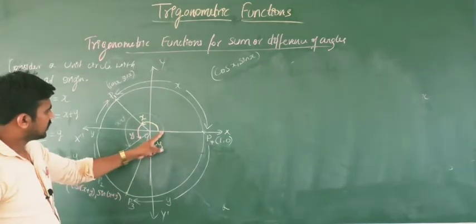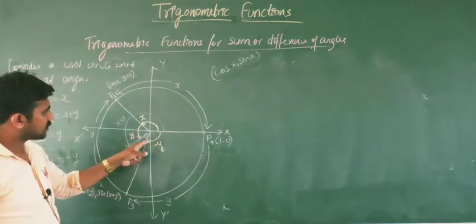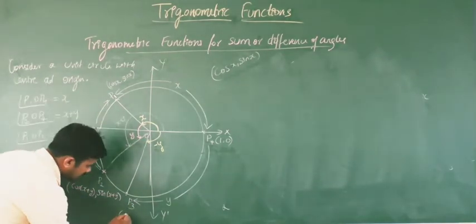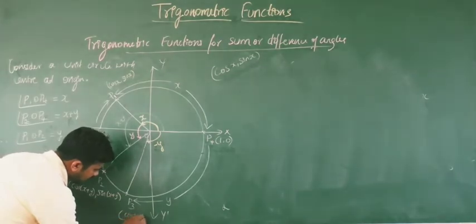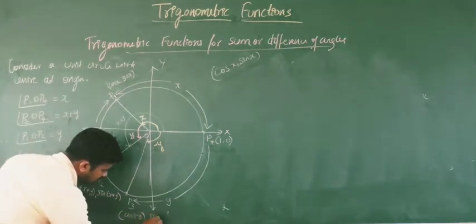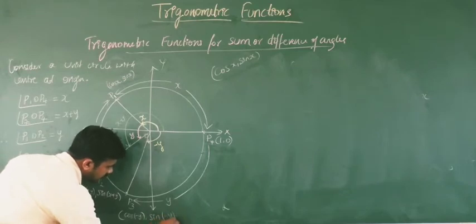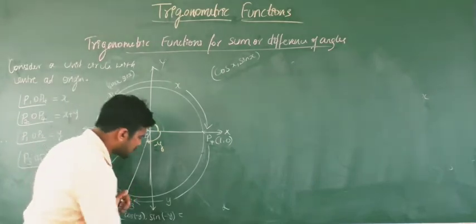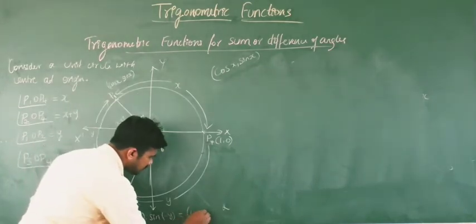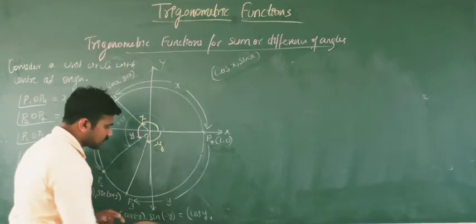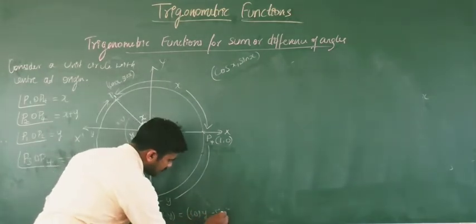Similarly, here the central angle is minus y, so the coordinates of P3 we can write cos minus y comma sin minus y. But we know cos minus y is nothing but cos y only, because it comes in the fourth quadrant, cos is positive, and sin of minus y is nothing but minus sin y.